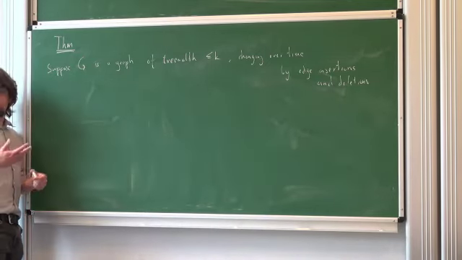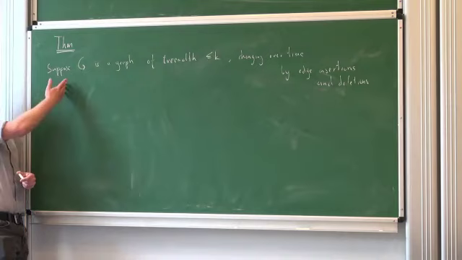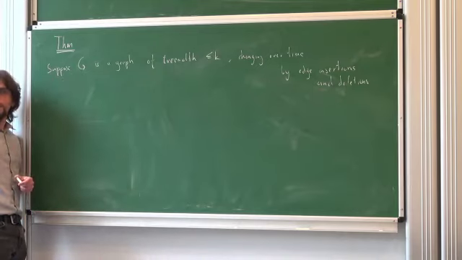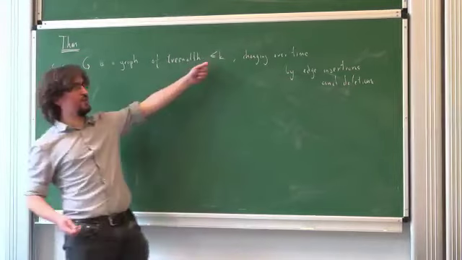So now our goal is to maintain along the user's updates a reasonable decomposition of the graph, because we always have a promise that the tree width is at most k.